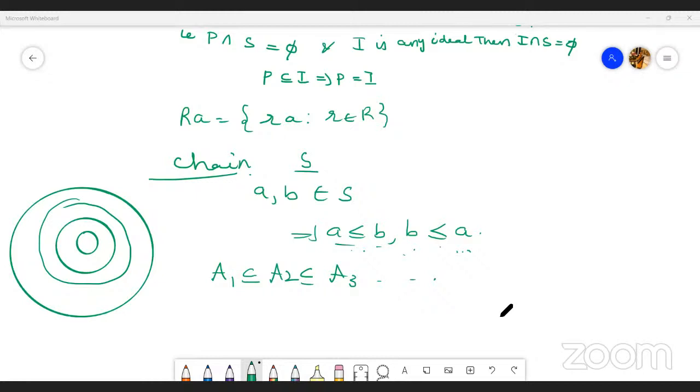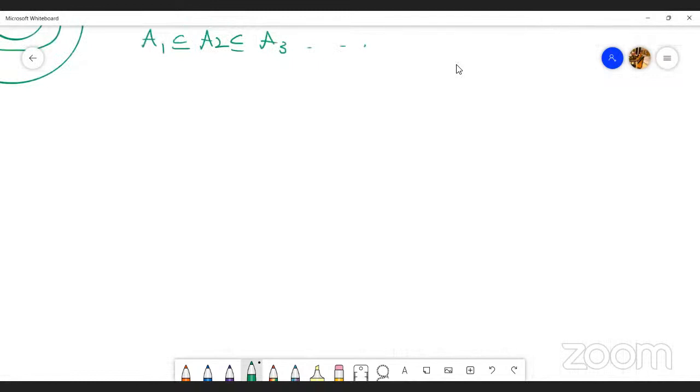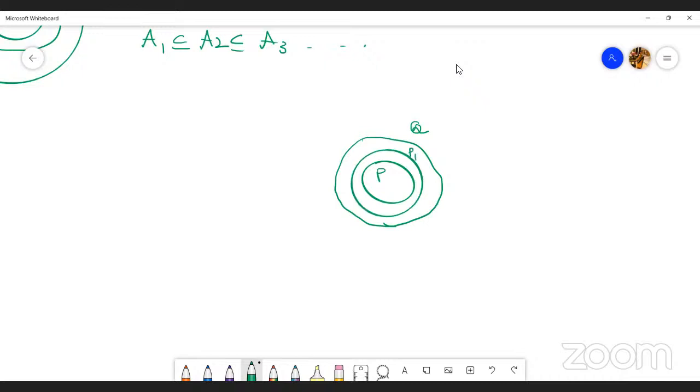Here R is a ring. Here P is a subset of Q. Then you can find P1 and Q1.